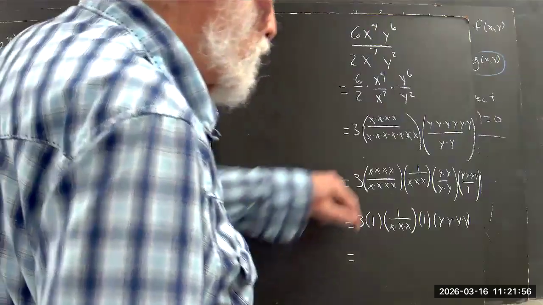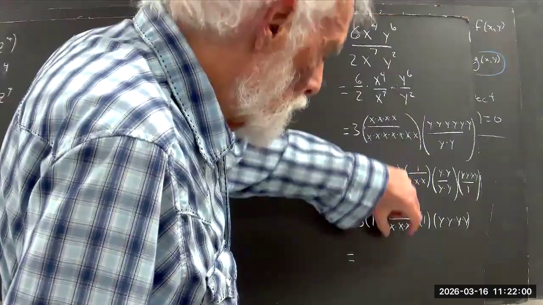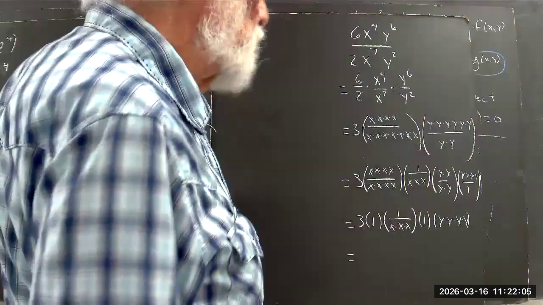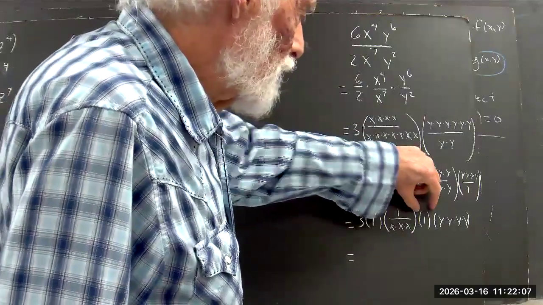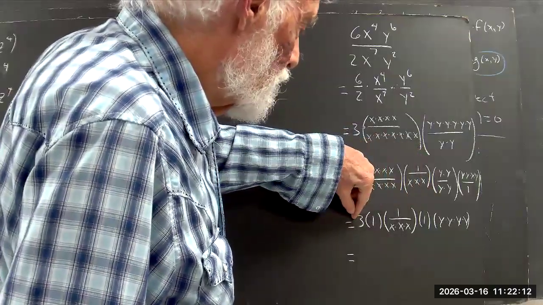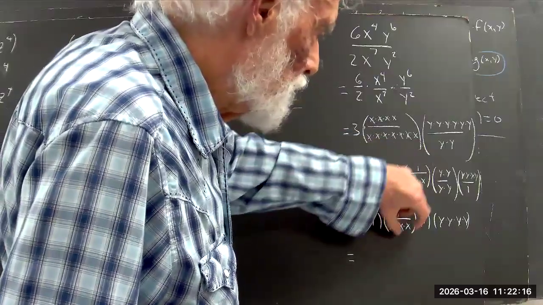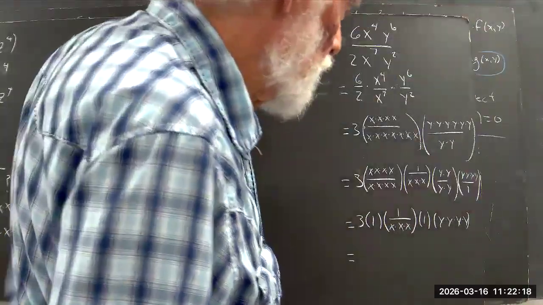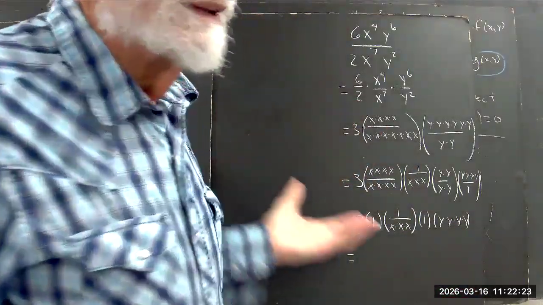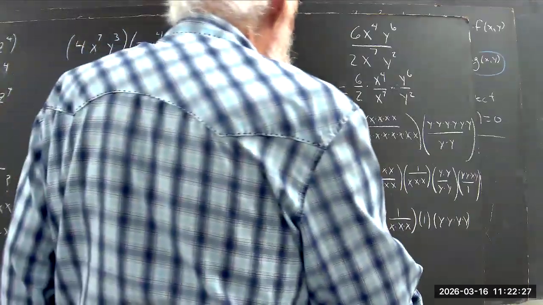And now I've got 3 times 1 times 1 over x times x times x times 1 times y times y times y times y. The ones that I've got, other than the 1 in my numerator, the one that's multiplied by 3 and the one between the 1 over x times x times x and the y times y times y times y, those are just ones, and they can be eliminated because multiplying 3 times 1 is just 3.